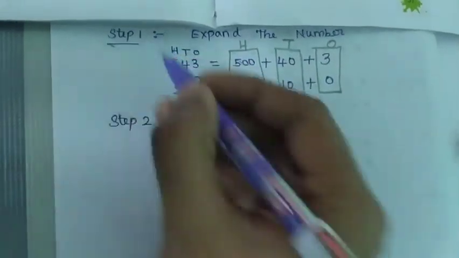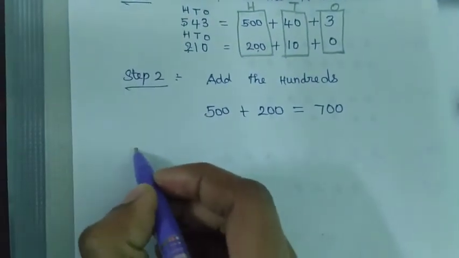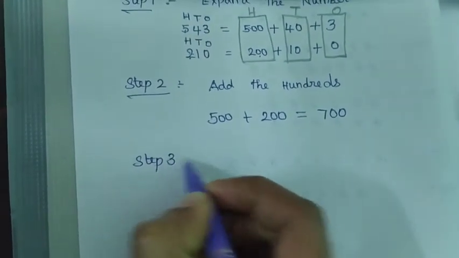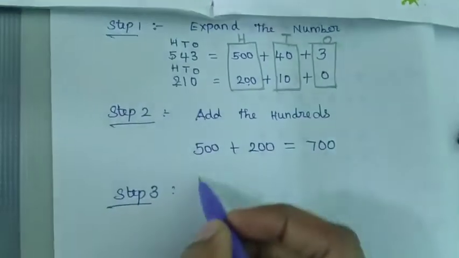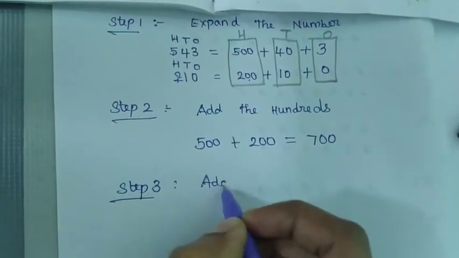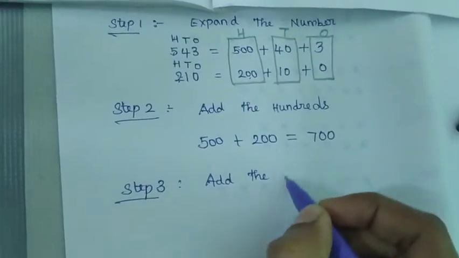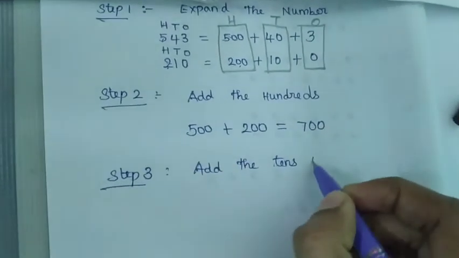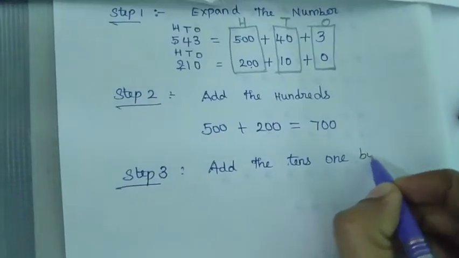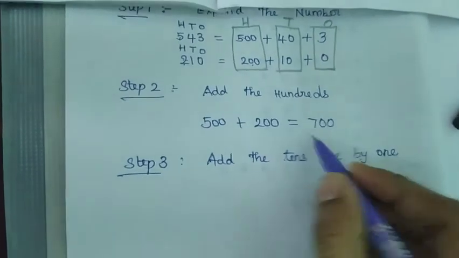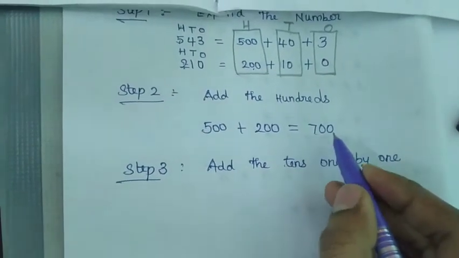Now this is step 1, step 2. Now step 3 is adding the tens. Add the tens one by one. Now what is the answer we are having? 700.